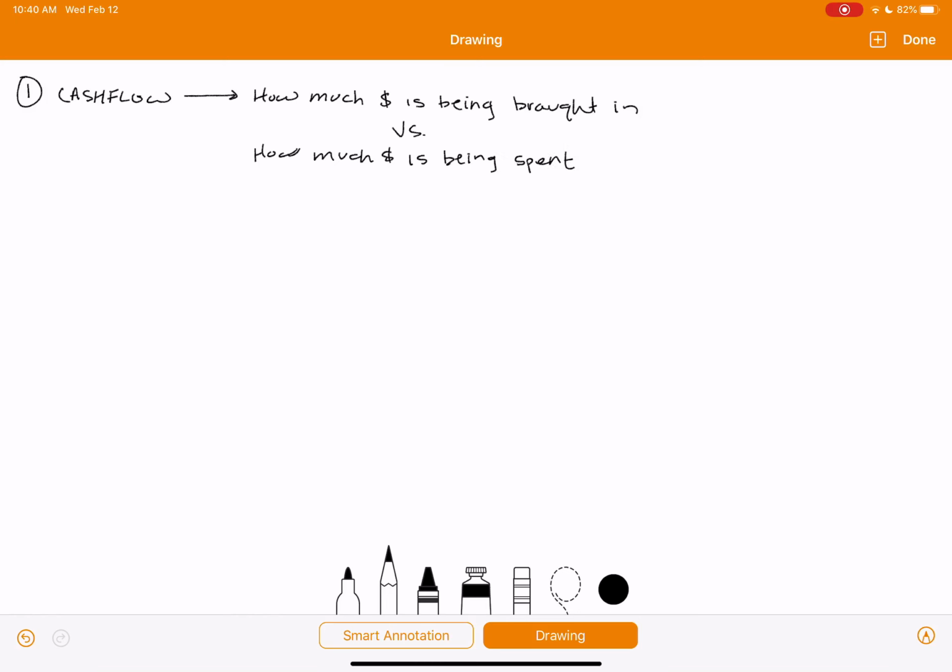All right, so we actually can use what's called a cash flow diagram to kind of make a visual representation of our cash flow.